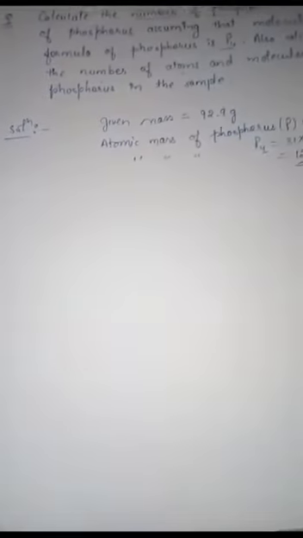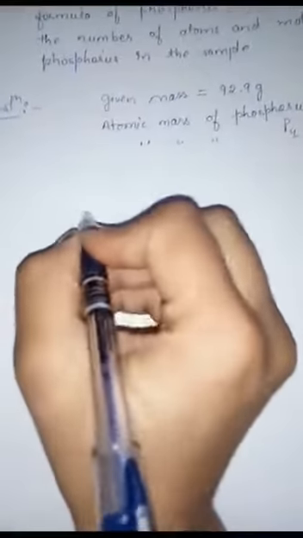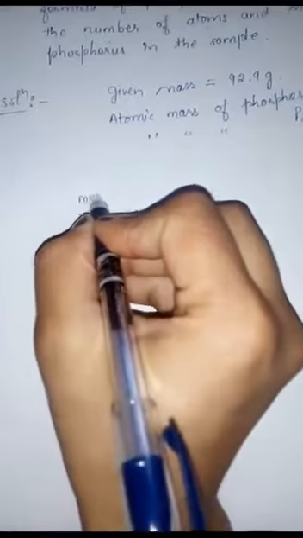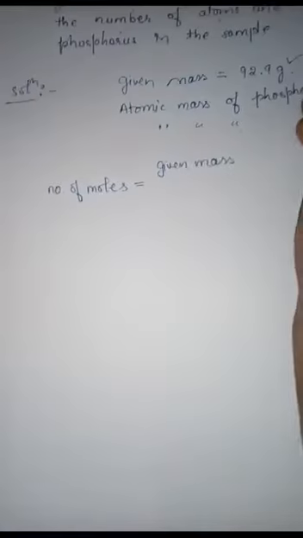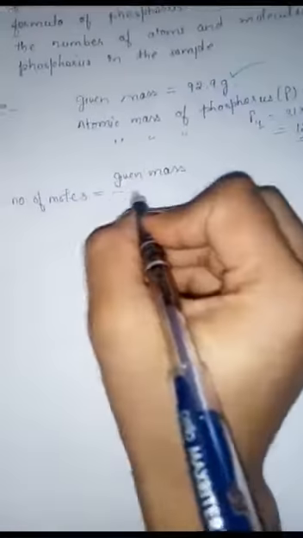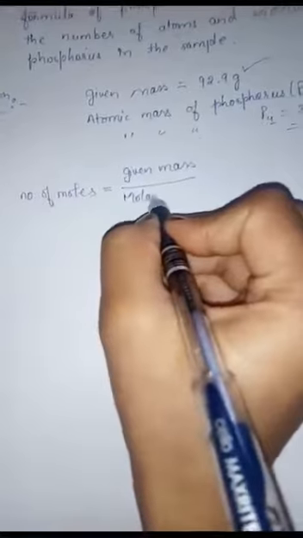Now you have already studied in your 9th class how to calculate the number of moles when mass is given. Number of moles is equal to given mass divided by molar mass.